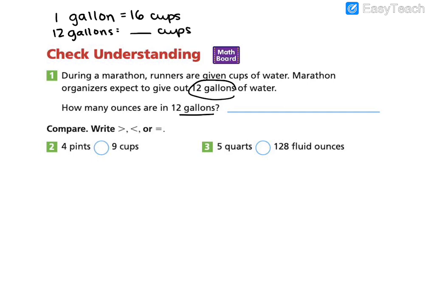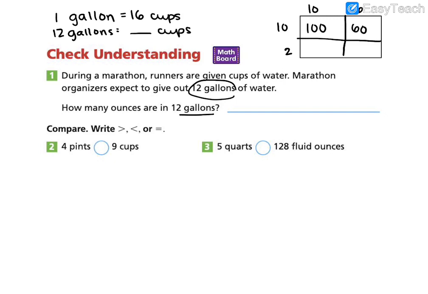Let's multiply. I'm going to use an area model to solve. You can solve however you want. I know that I have my 16 cups in my 12 gallons. I'll find my partial products and add them up, so we find that in 12 gallons, there are 192 cups.